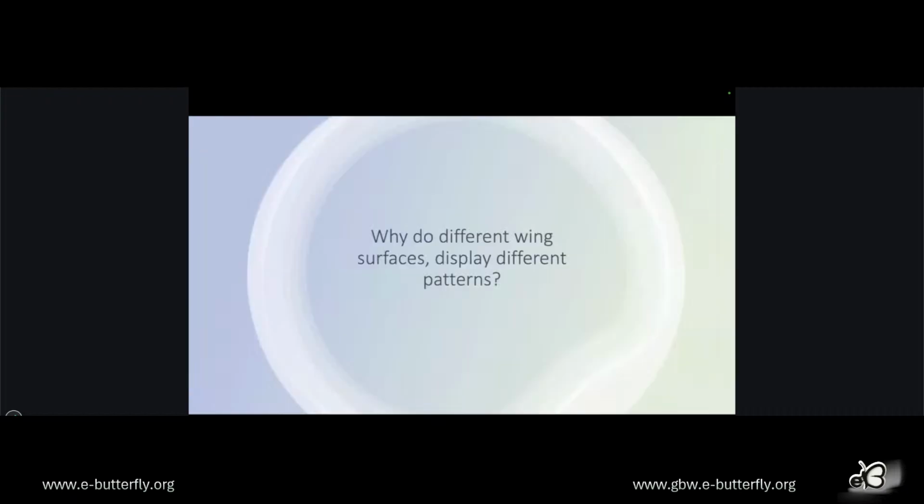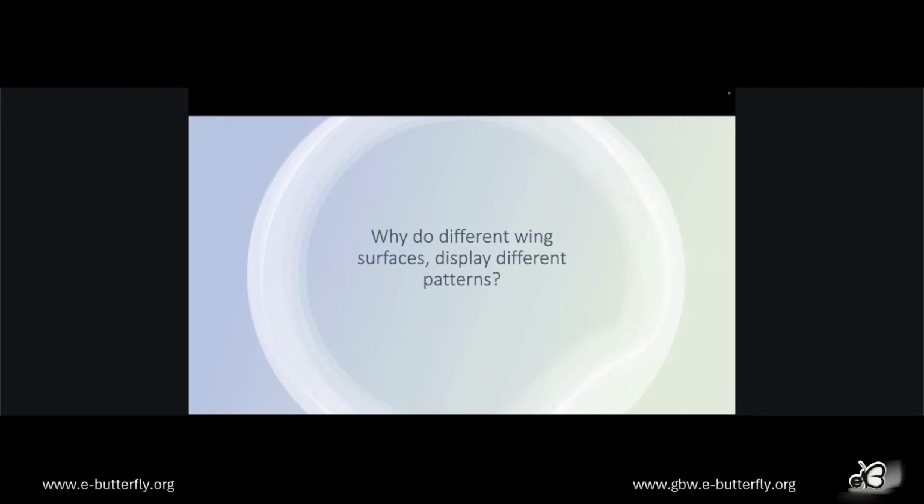Now, this was just a little bit of background on what happens to a butterfly wing as it develops and the multiple processes of differentiating colors and patterns on one wing. And this is what we call the default wing program that is written in the genome of every butterfly.